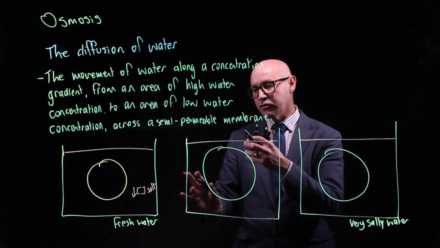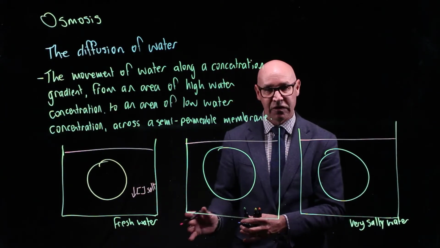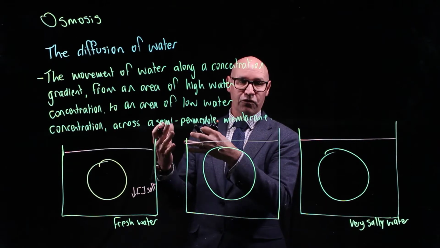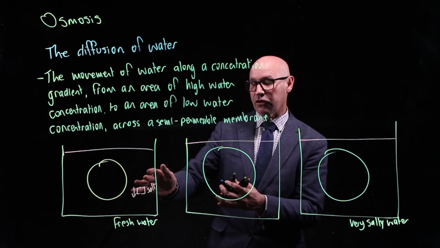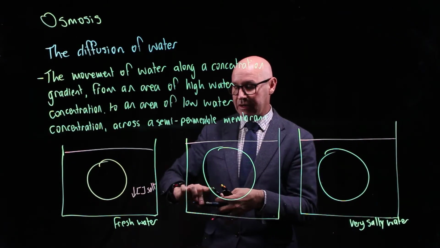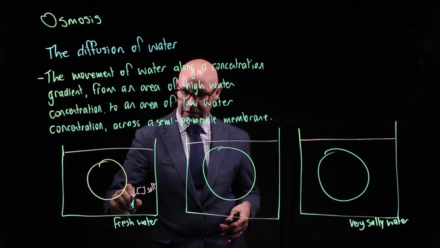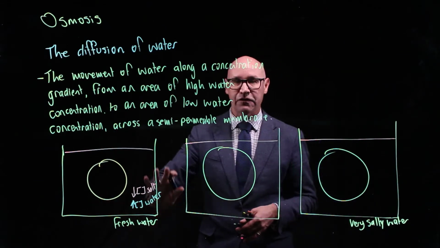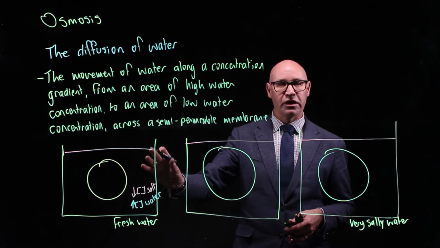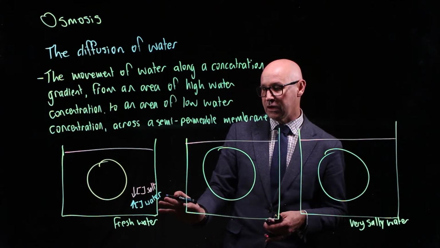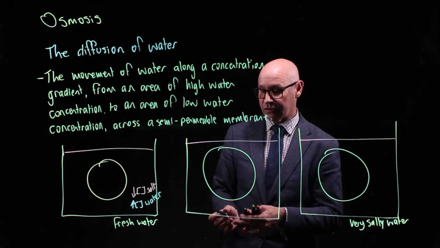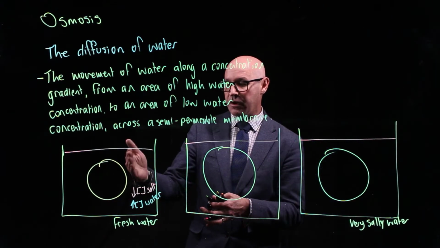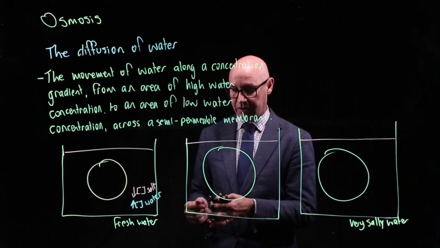And when we're talking about the concentration of water, we're talking about it relative to the salt. So it's got low salt, that means it must have high water. Okay, so the water on the outside is fresh water, lots and lots of water, very little or no salt, compared with inside the potato. So we're just comparing with inside the potato.